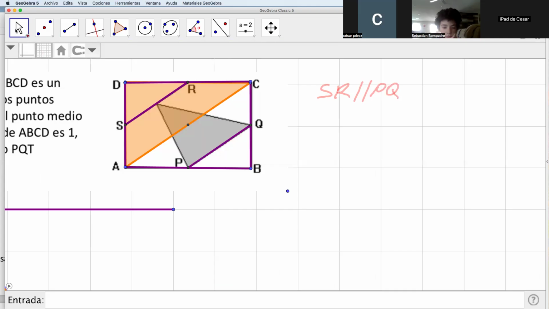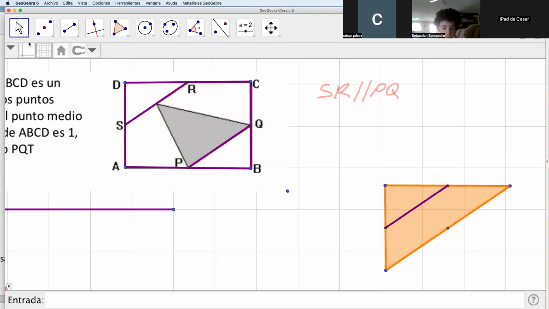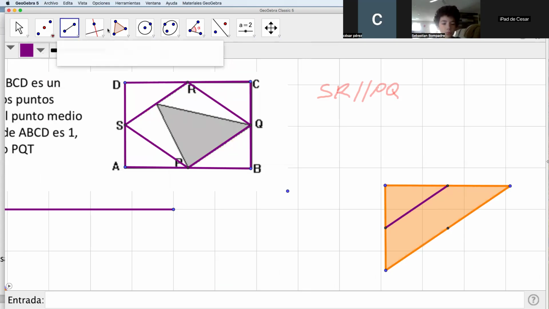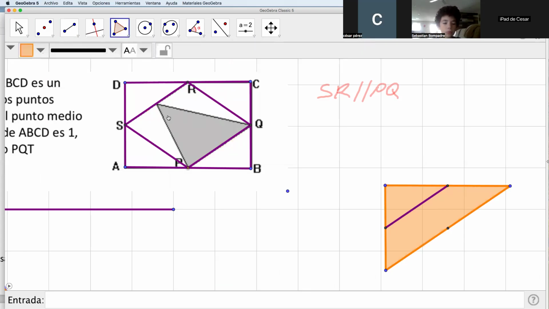So we want to solve this. We can draw any triangle like this because there are parallel lines. Since they are parallel, every time that I move this point, we are going to get a triangle that has the same area.